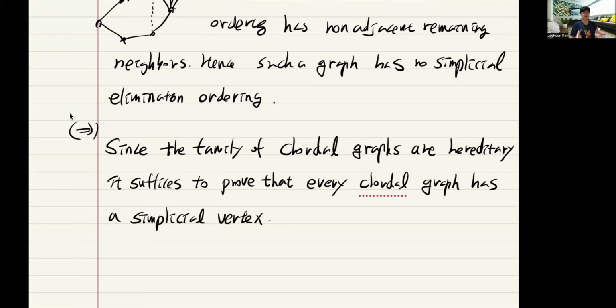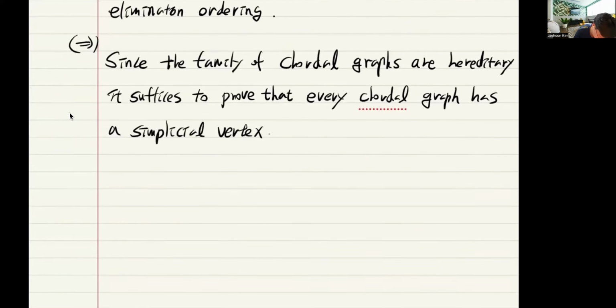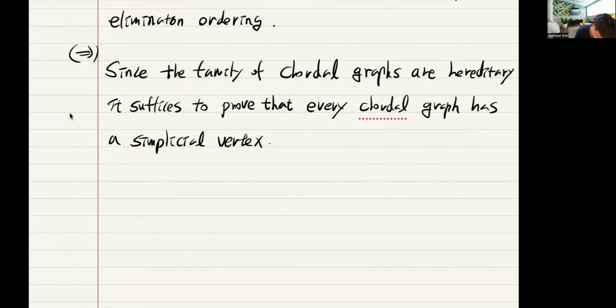So if your graph is chordal, you find one simplicial vertex and then you delete it. Then the remaining graph is also chordal. Because of what you proved, it has a simplicial vertex, you delete. Then the remaining one is also chordal, you take one vertex, one vertex, one vertex, and this gives you a simplicial elimination ordering. So we want to prove this.